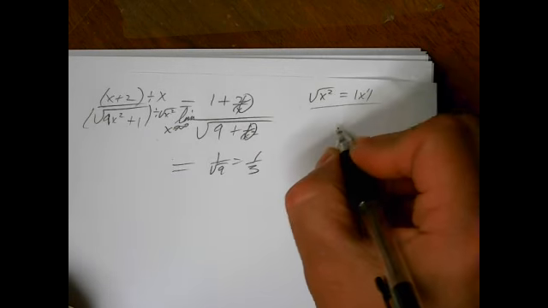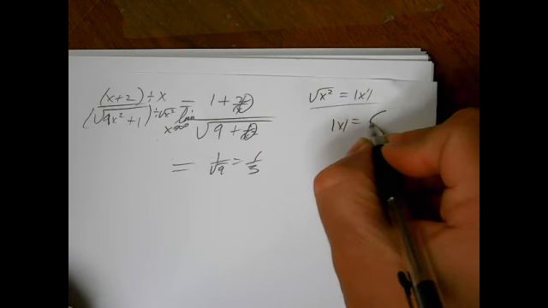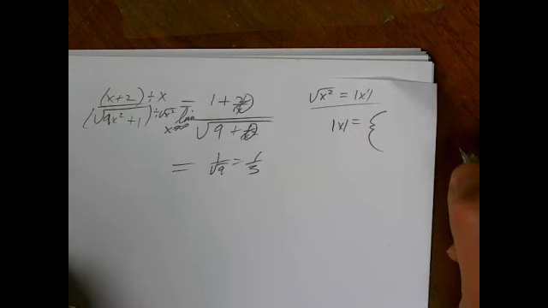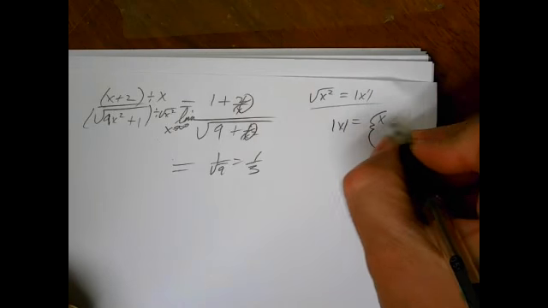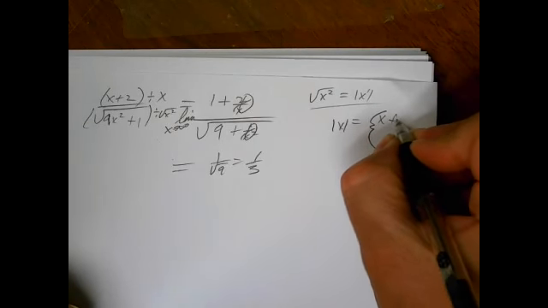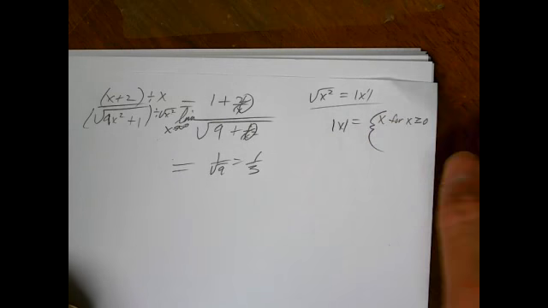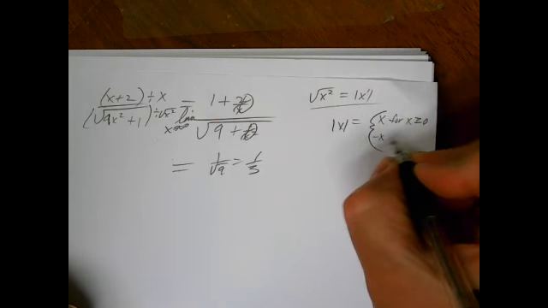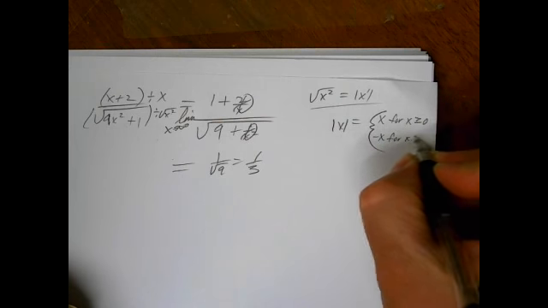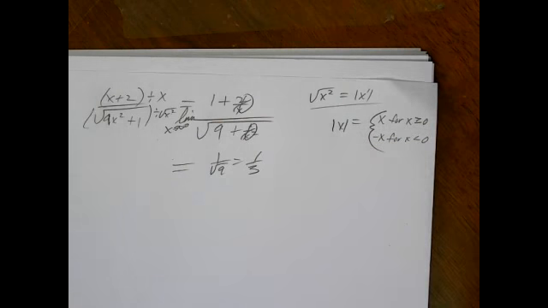Also remember, absolute value of x is an interesting definition. Absolute value of x is equal to x itself for x's greater than or equal to 0. Also remember the absolute value of x is the opposite of x for x's that are less than 0, meaning negative.